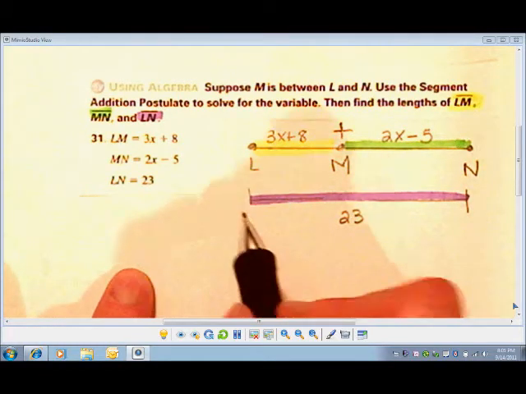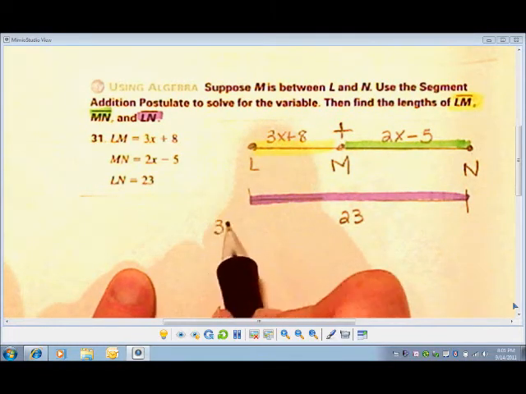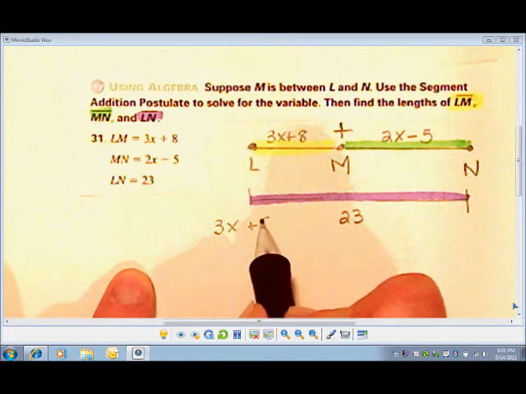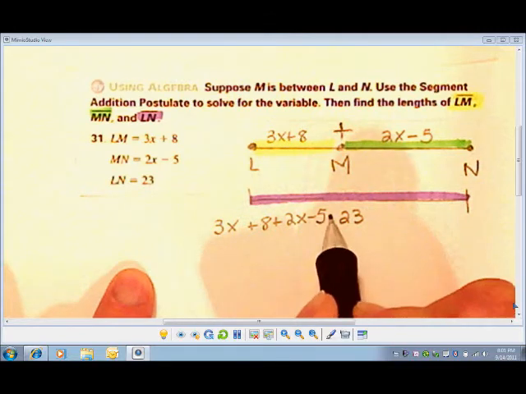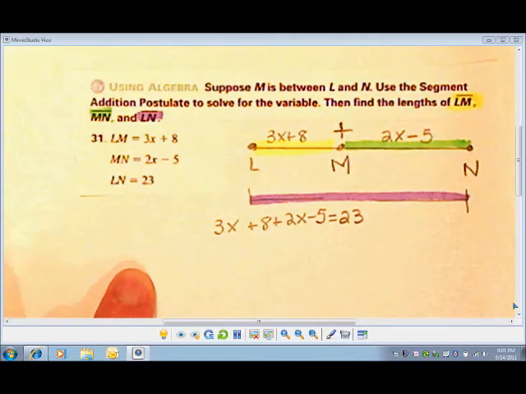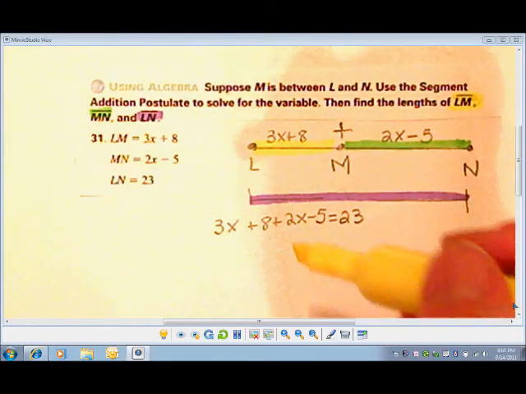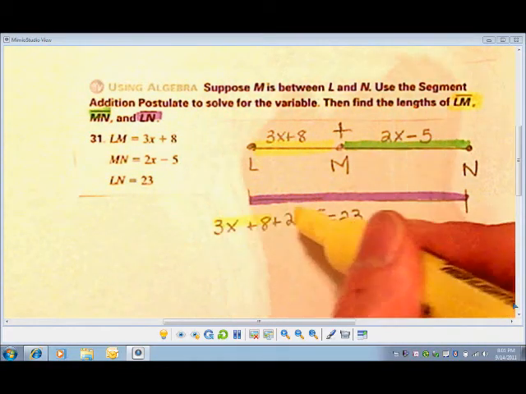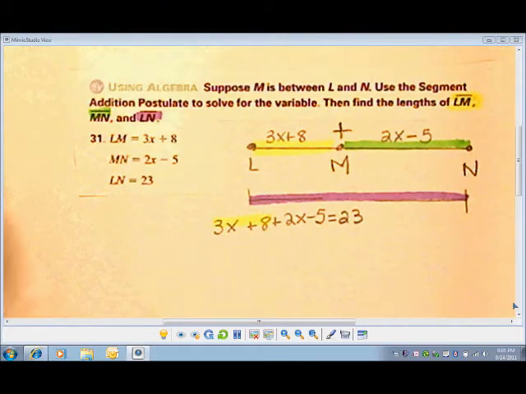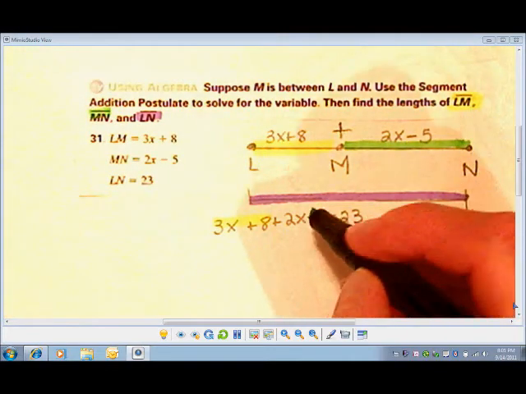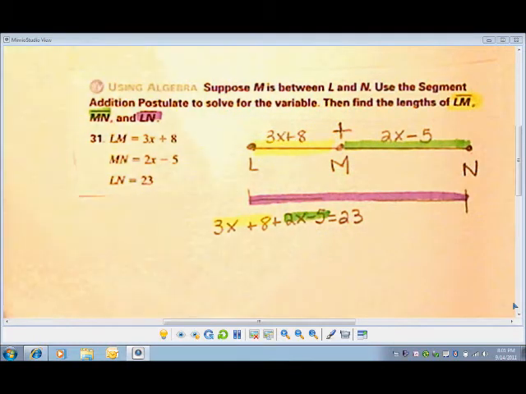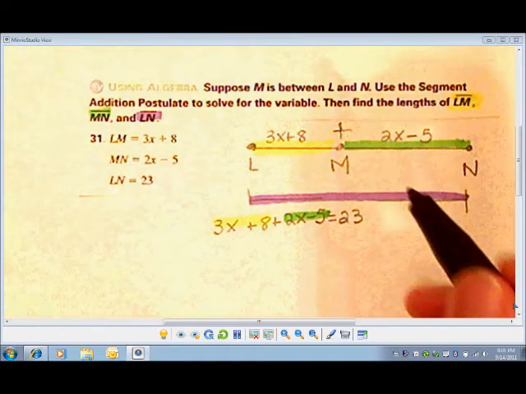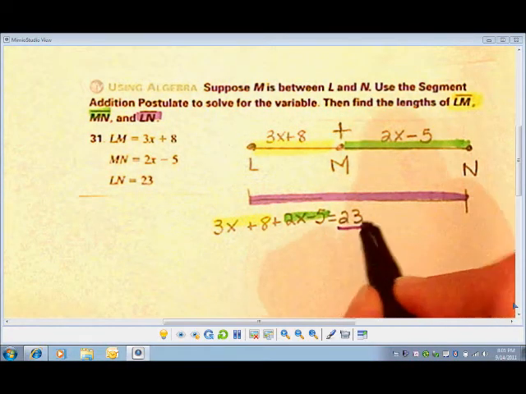I think I'm going to write it over here. 3x plus 8 plus 2x minus 5 equals 23. So this was my first segment. This was my second segment. And altogether it equals my whole segment.